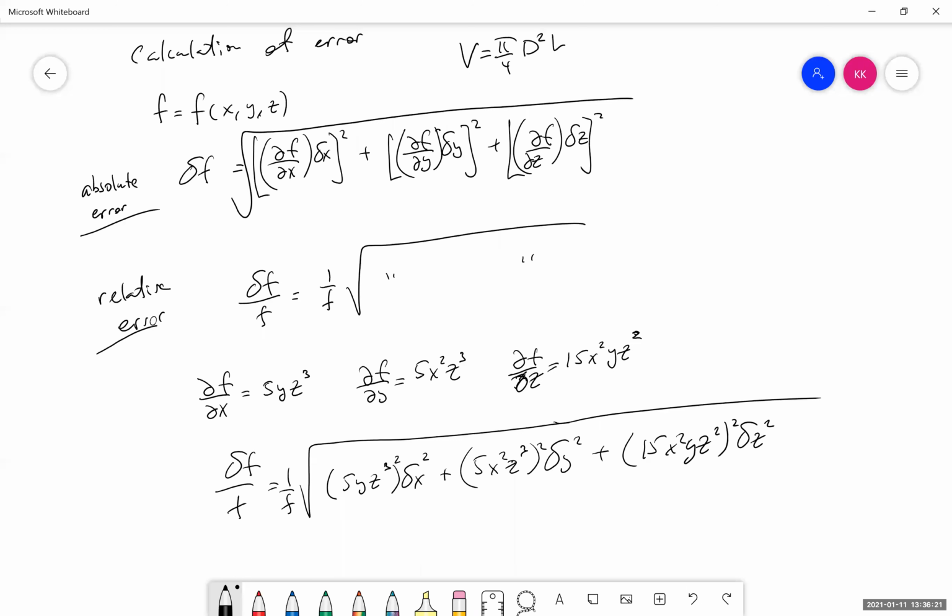Okay. Generally, one of the things we do here is take this 1 over f and incorporate it inside. Which in a way means that each term has 1 over f squared, and we would then factor it out.